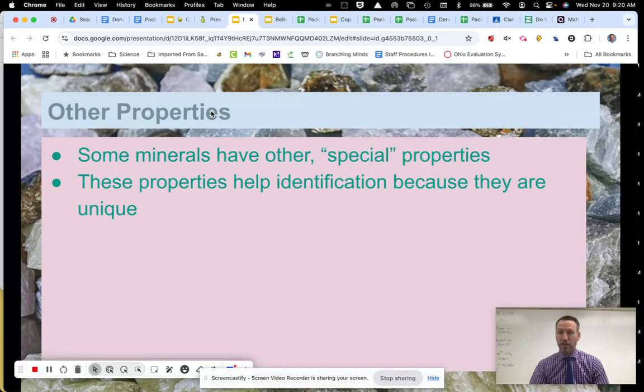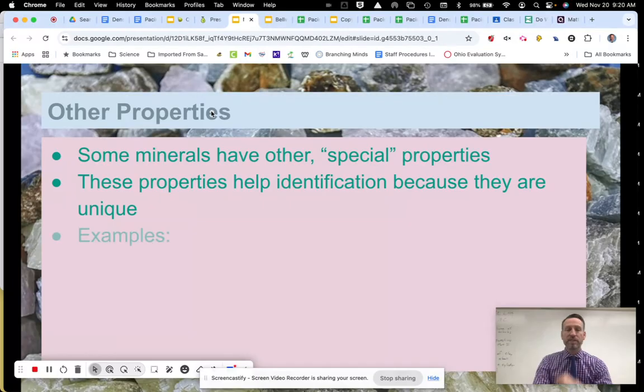We might think it's one thing or another type of mineral. And so there's one more test to do, and that's to see if it has this special property. And then if it does, it helps lead to identification. And if it is lacking that special property, then the geologists can make the identification for a different mineral.